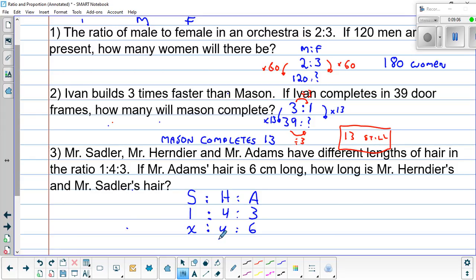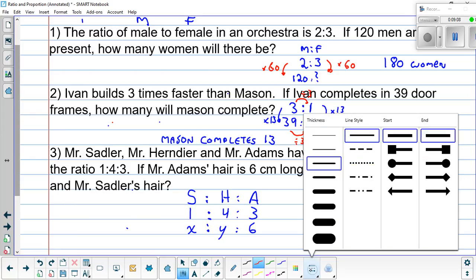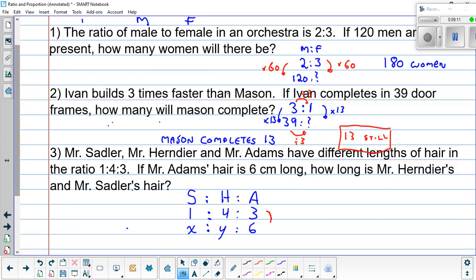So what's an easier way that we can do this? Well, I think going from the top to the bottom value is quite easy because that's just a double, right? 3 to 6, we just have to times by 2. So that means that we can times by 2 here and times by 2 here.